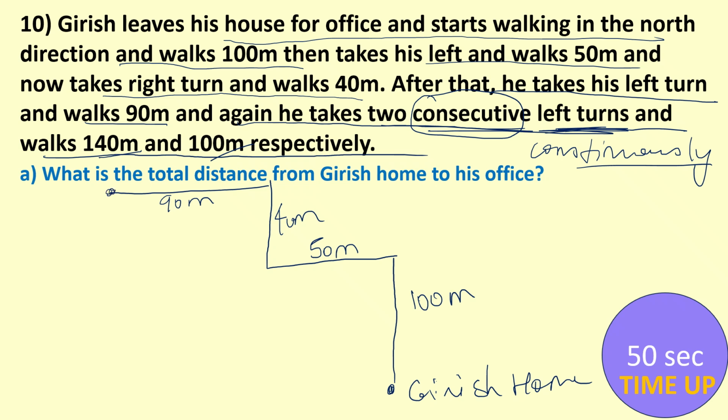From here he will take the first left turn, which is of 140 meter. If this is already 40 meter, then to make it from here, it will be 140 meter, correct? So this is 40 meter because this is 40 meter. And if this is 100 meter, then this will also be 100 meter, okay?